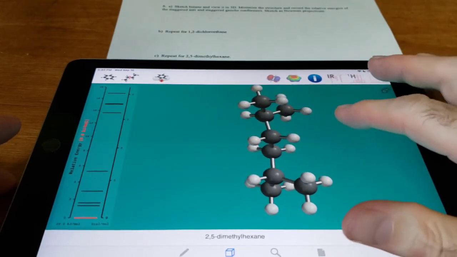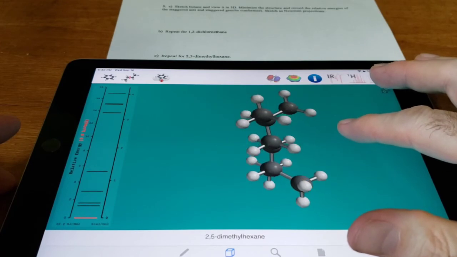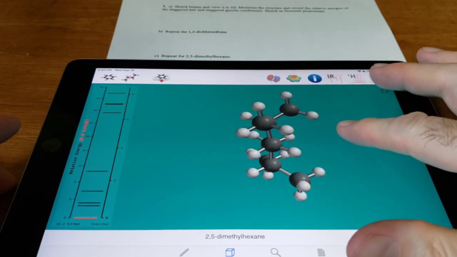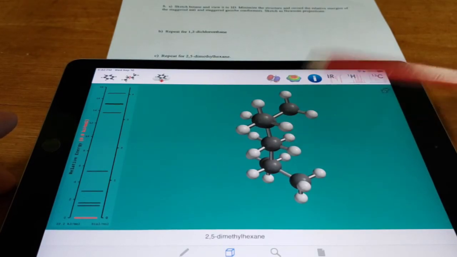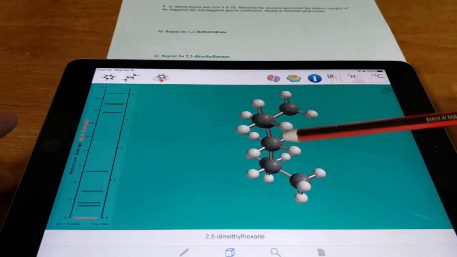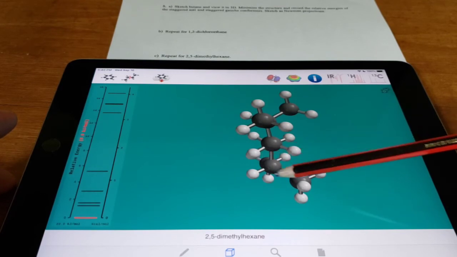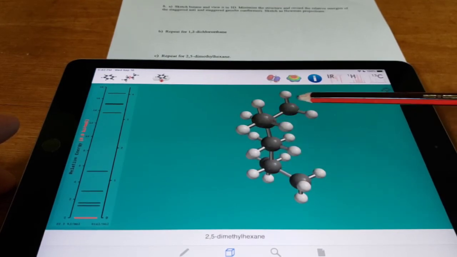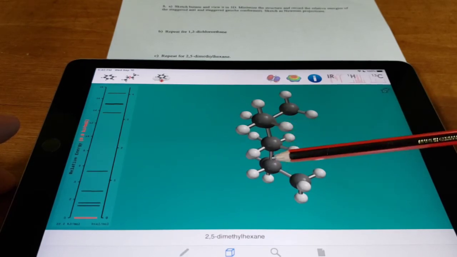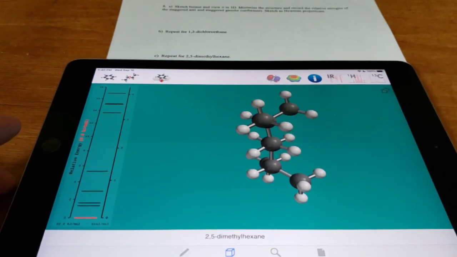Okay, going to make these two carbons line up. Those two carbons have now lined up, and the big isopropyl group at the bottom and the big isopropyl group at the top are almost 180 degrees apart from each other.